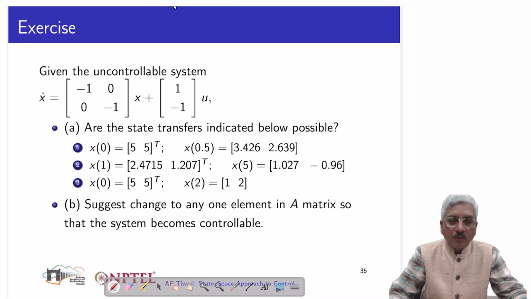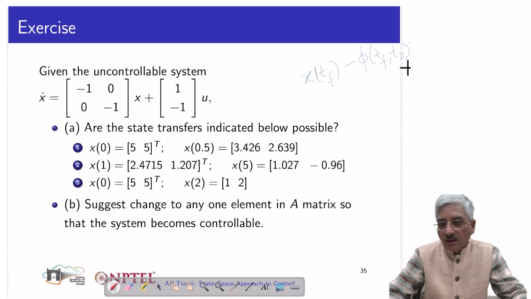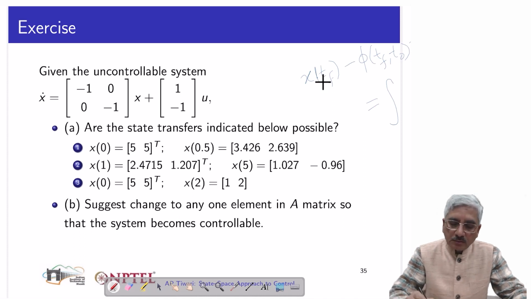Remember that while discussing, I mentioned that XTF minus phi TF T0 into XT0 is something which should come through that input and the matrix phi and B. So if XTF belongs to the controllability subspace and also XT0 belongs to the controllability subspace, then the state transfer will be possible.